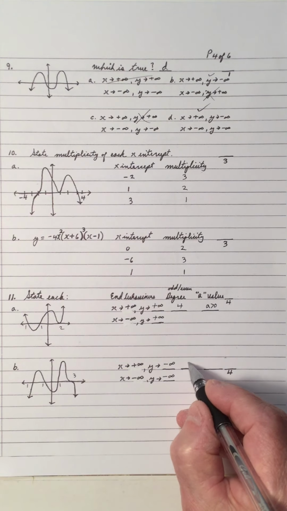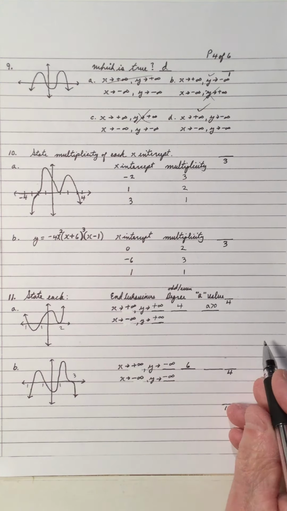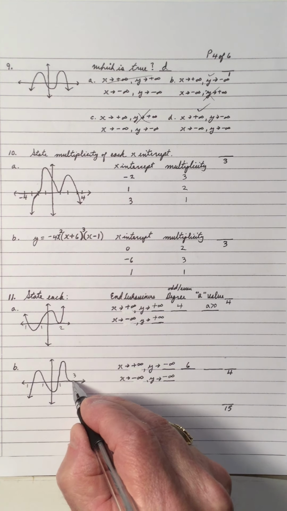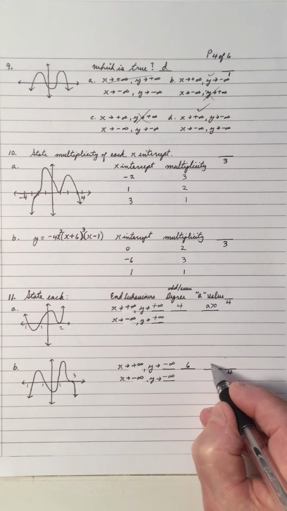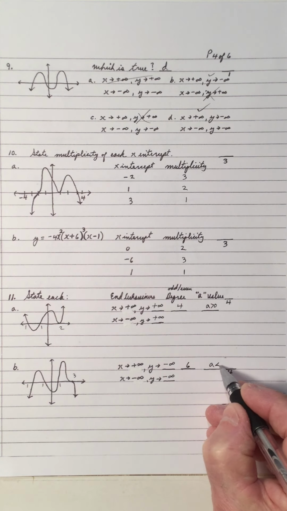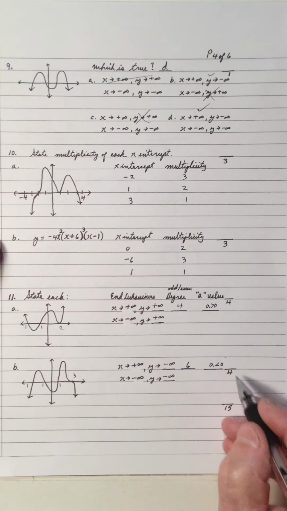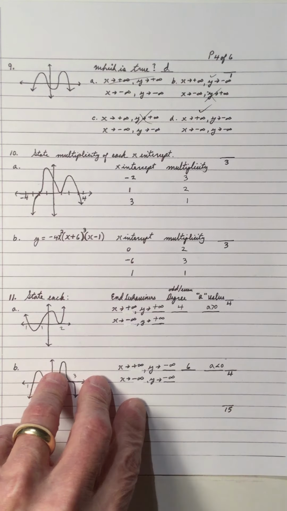So that's 6 altogether for the degree. And because furthest x-intercept on the right is right here, and it's going down from here, the value of a in the equation would be less than 0. So 1, 2, 3, 4 marks in total. 15 for that page.